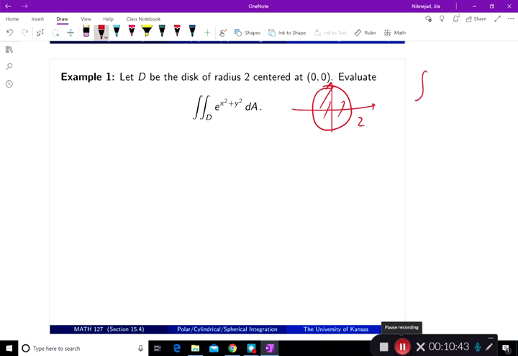if you set it up in either direction, you will have this issue that there is no elementary antiderivative. So that's one thing to remember: there's no elementary antiderivative if you go with the xy plane. Now what do we do?